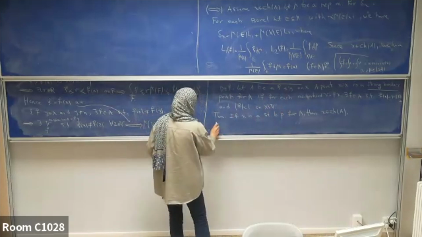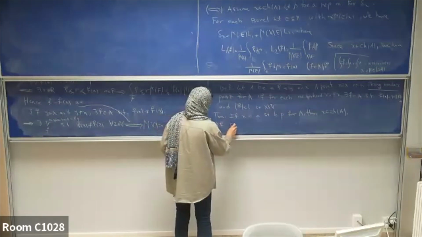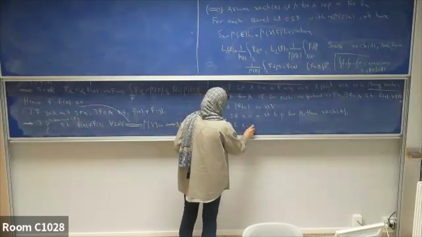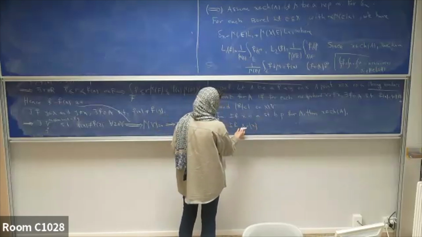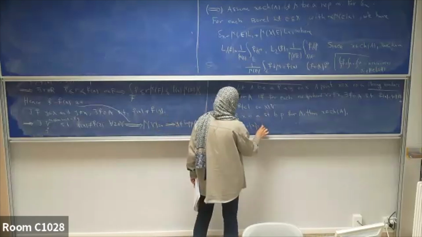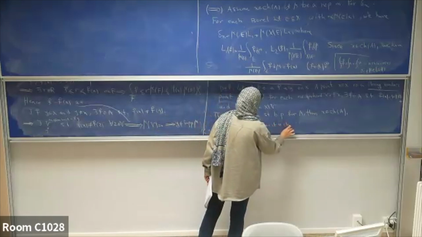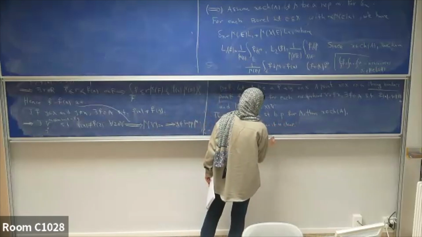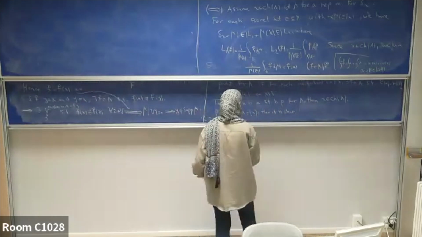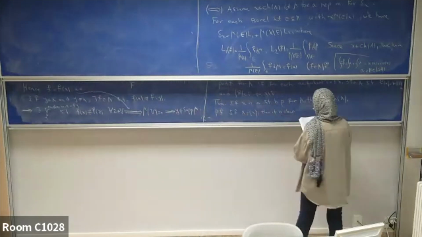Okay. If V is X, then it's trivial, it's clear because the Choquet boundary is non-empty, so x would be an element of the Choquet boundary.